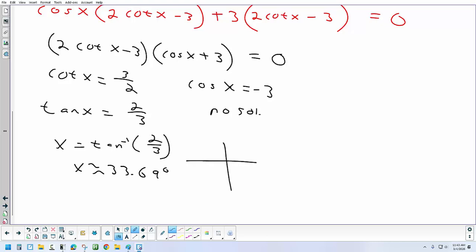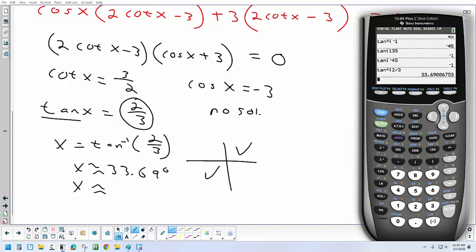What quadrant is 33.69 in? Yep, quadrant 1. What other quadrant should you be looking for an answer in? Third one, because you're looking for where tangent comes out positive. You've got your reference angle. What would you do with the 33 to get an answer in the third quadrant?